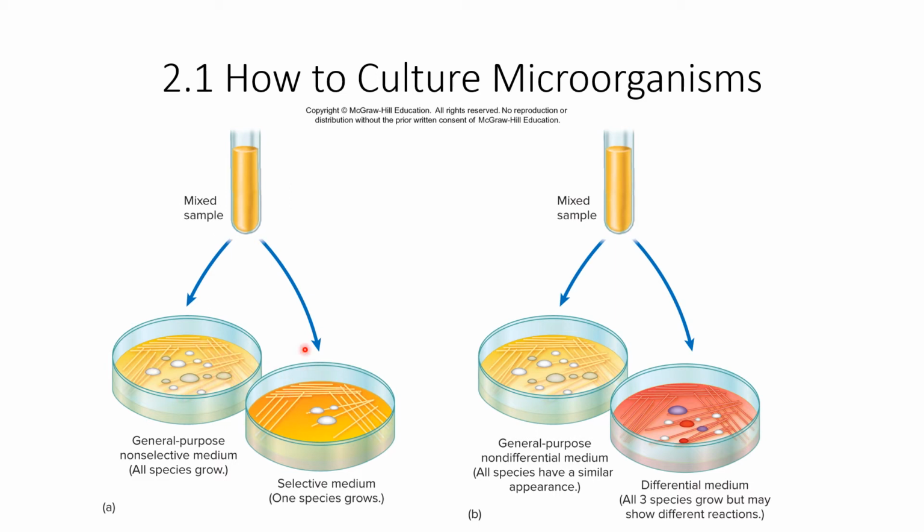But over here on the selective media, only one type can grow. You do the same thing. You take the same mixed sample and you put it on differential. Most things can grow, but notice they take on different colors based on what dyes, what compounds are in the agar.